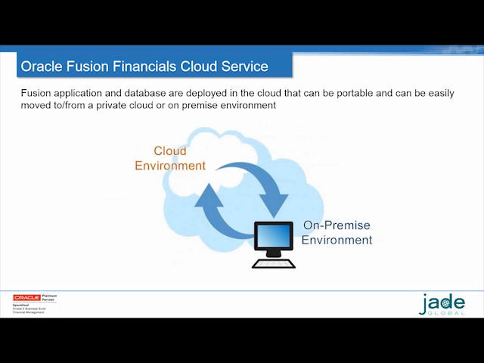If your Fusion application and database are deployed in the cloud environment, that can be portable and easily moved from a private cloud environment to an on-premise environment. So if you plan to switch from cloud to on-premise or on-premise to cloud, you can easily do that.